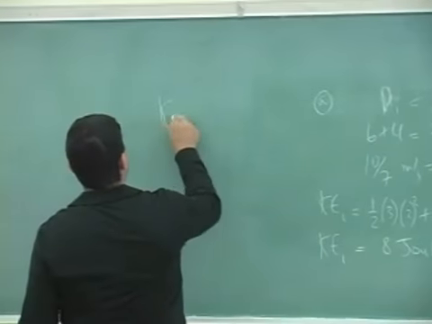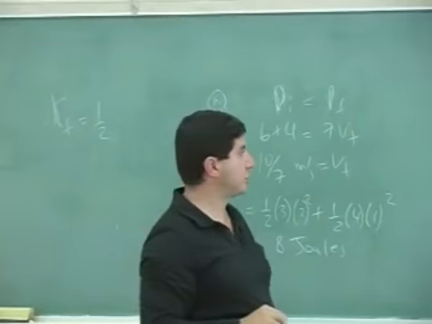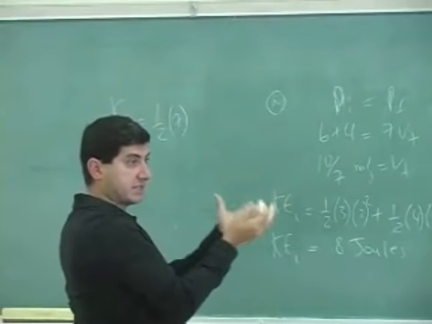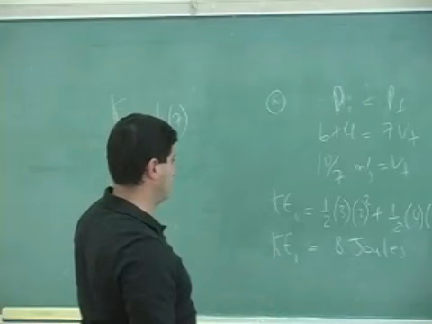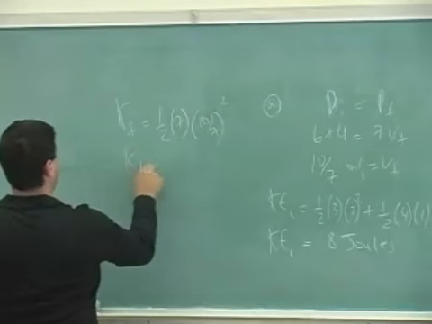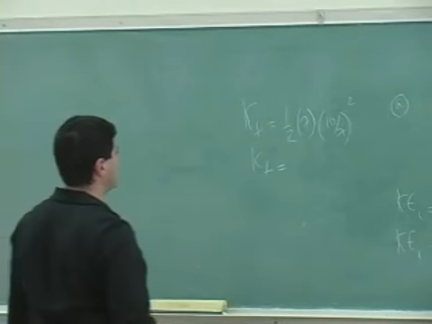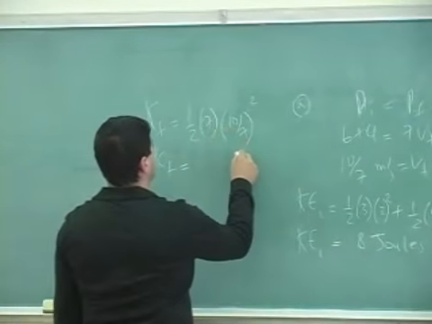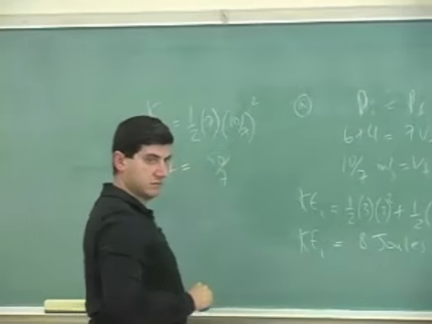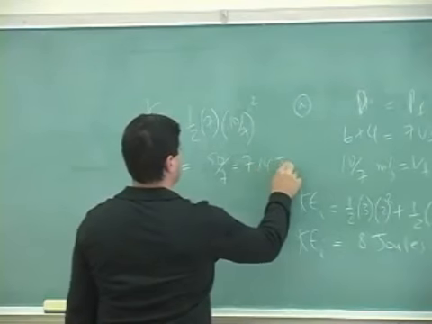The final kinetic energy of the system is half times their total mass, which is 7, times their final velocity as a system, which is 10/7 squared. That one is going to give you 100 divided by 2, which is 50 divided by 7, 7.14 joules.